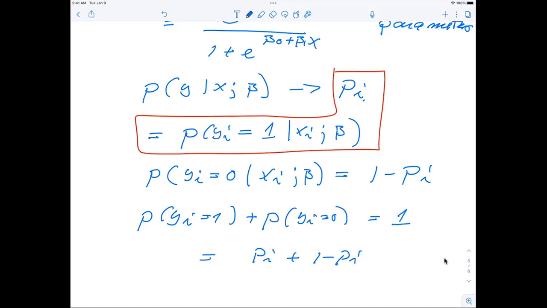So you see the basic philosophy? So instead of looking at the continuous function f of x, we are now going to parameterize something which is going to behave as a probability. And we are going to say that if this p, when we calculate it with the parameters, is less than 0.5, you output 0. If this p is larger than 0.5, it outputs 1.